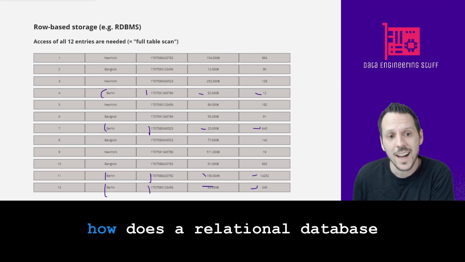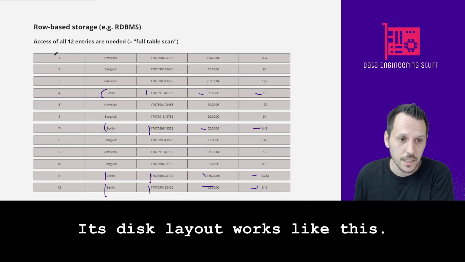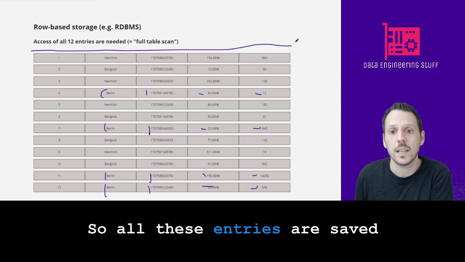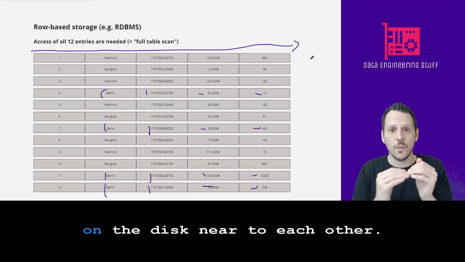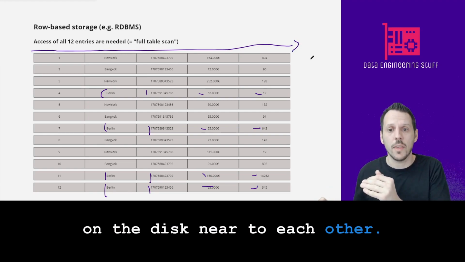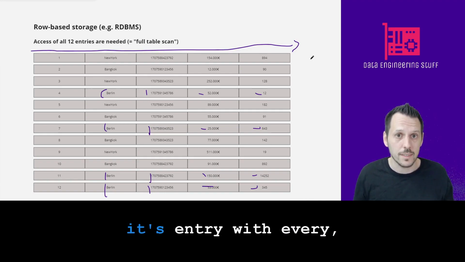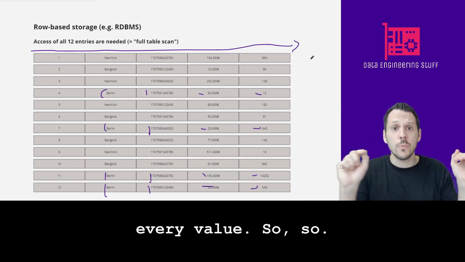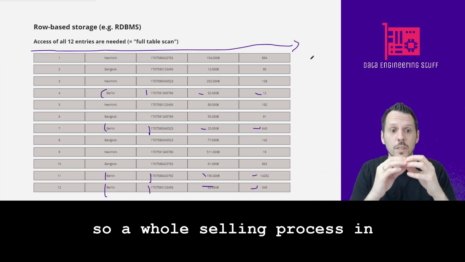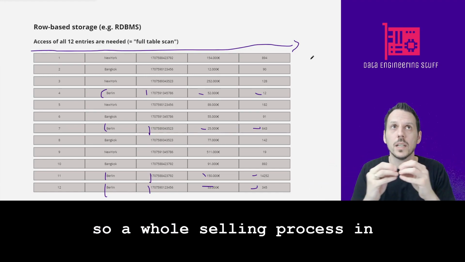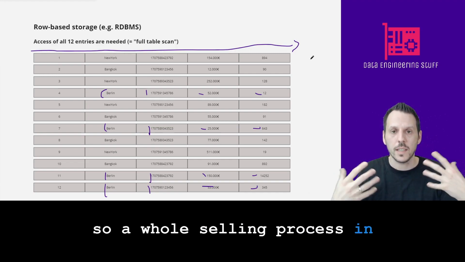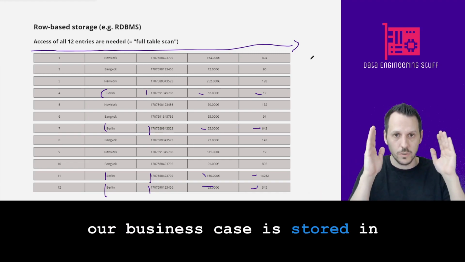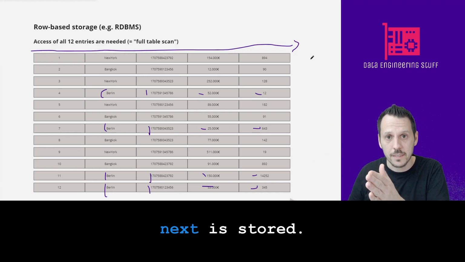So now, how does a relational database system work? Its disk layout works like this. So all these entries are saved on the disk near to each other. So it's row-based. It's every entry with every value. So a whole selling process in our business case is stored in total, and then the next is stored.